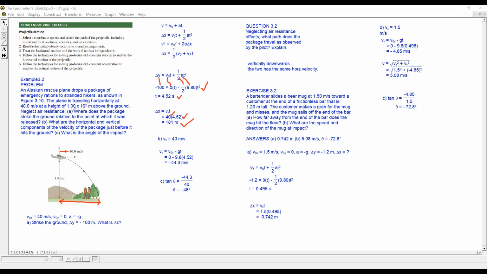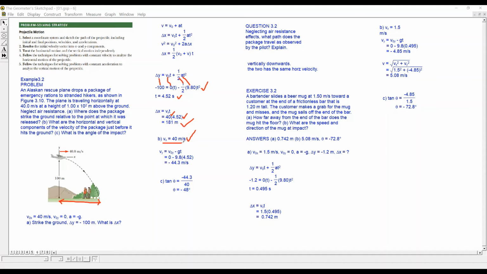So the second part, what are the horizontal and vertical component of the velocity of the package just before it hits the ground? Okay, so this thing flies down. This is the trajectory. One thing that we know is the horizontal component will not change because we neglect the air resistance.